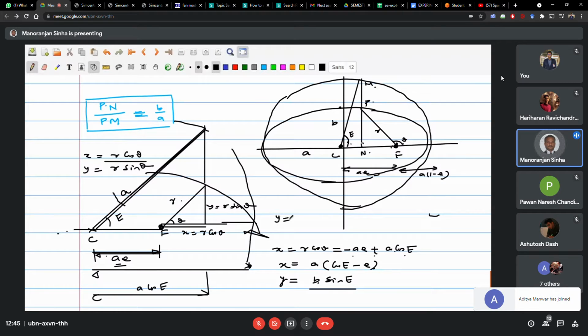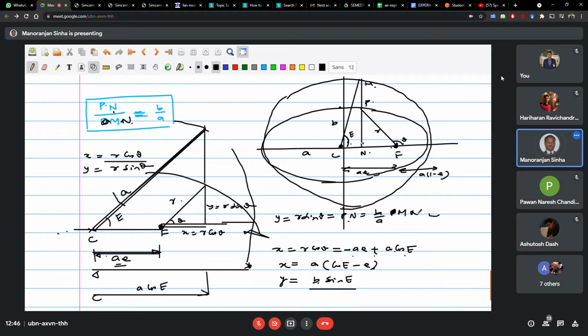And if you want to write y equals r sin theta equals PN, then PN can be written in terms of b by a times MN. This we have written from here, this is like PN by MN.